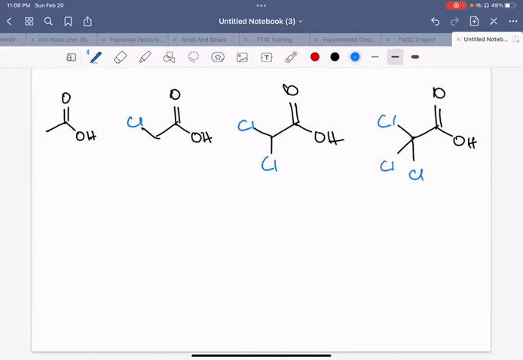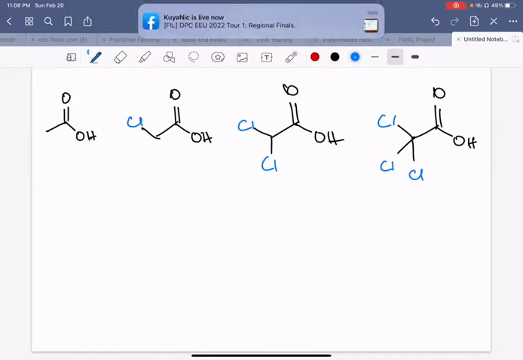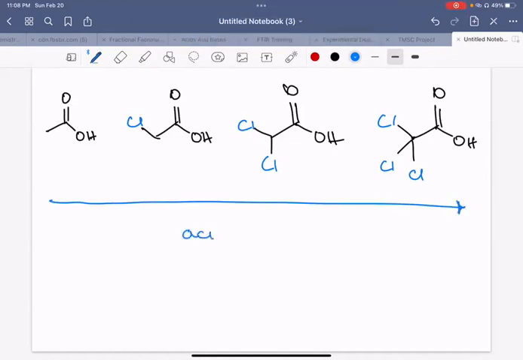The greater the number of electronegative atoms in the compound, the more acidic the compound is. So acidity increases as the number of electronegative atoms increases in a given compound. So that is inductive effect.